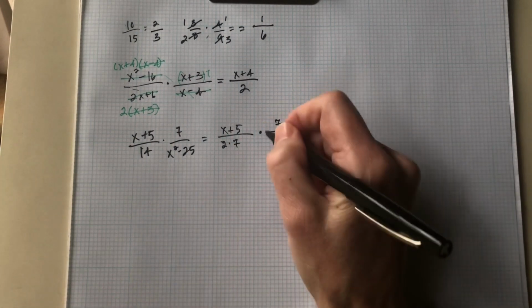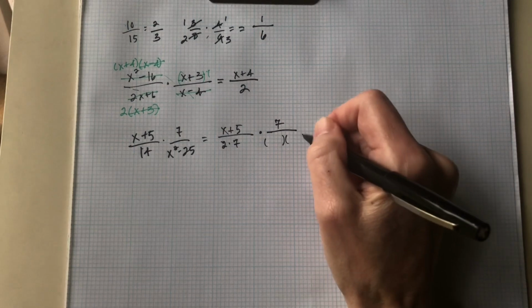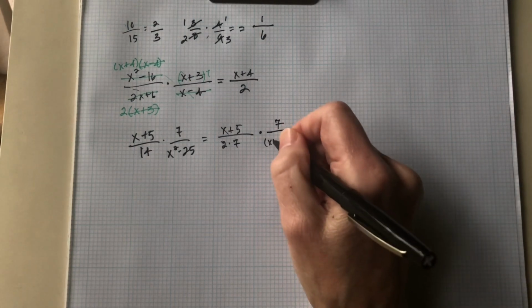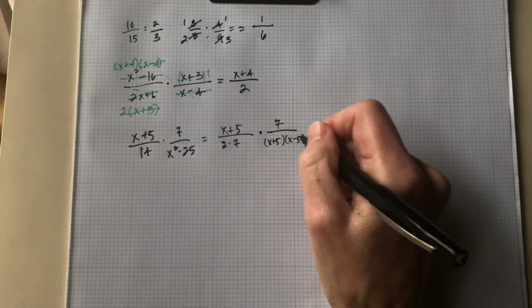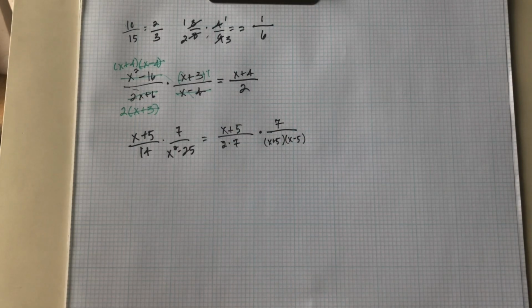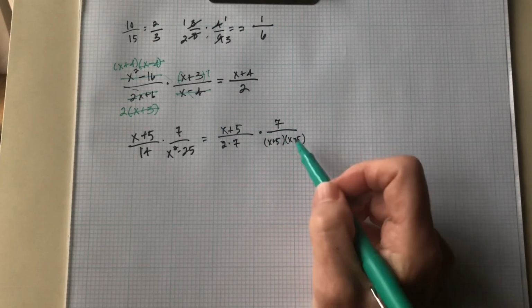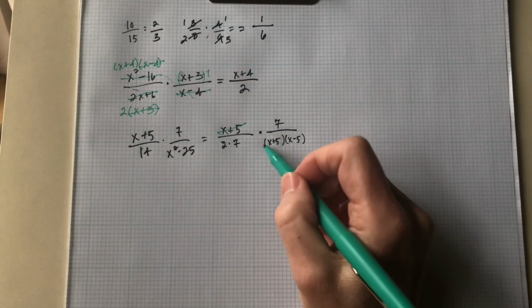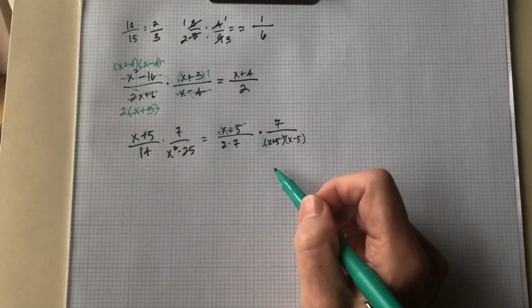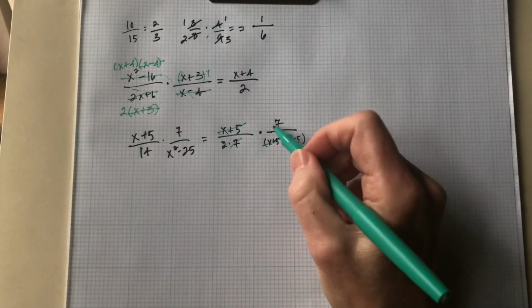Again, we have a difference of squares, so how's that going to factor? x plus 5 times x minus 5. All right, so let's start seeing where we can cancel out some stuff. x plus 5 cancels with x plus 5 that way, and 7 cancels with 7 that way.